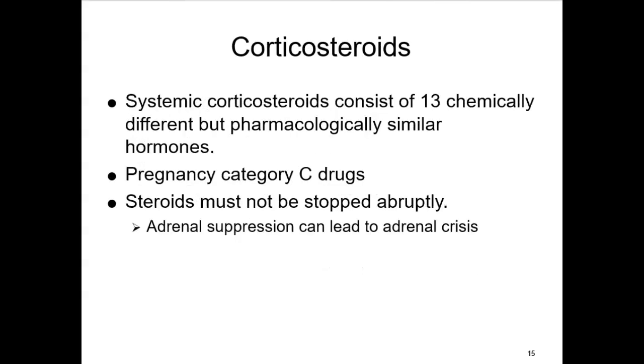All right, let's take a look at what else we have here. Our corticosteroids are considered pregnancy category C drugs, and a big thing that we need to look at is that any steroid that we're giving must not be stopped abruptly. This is the reason we taper these drugs down. We don't stop them because, remember, the body will not make what we are giving it.